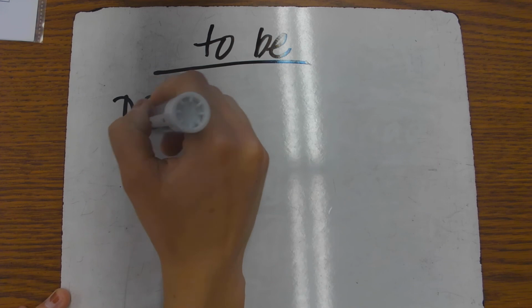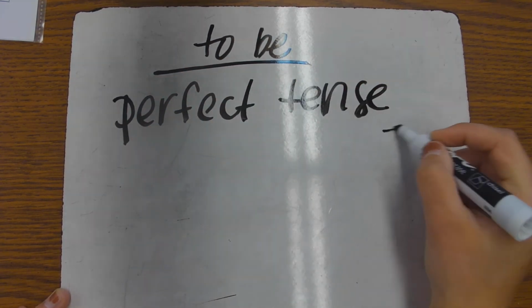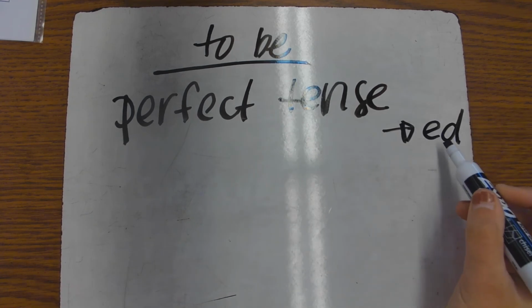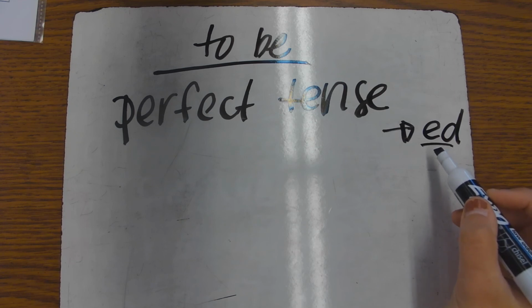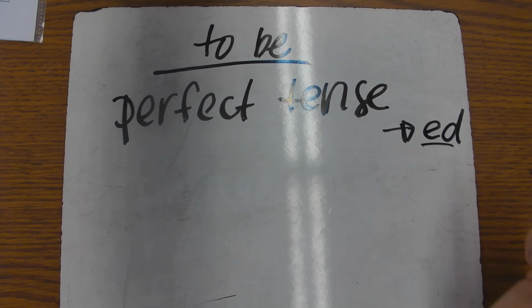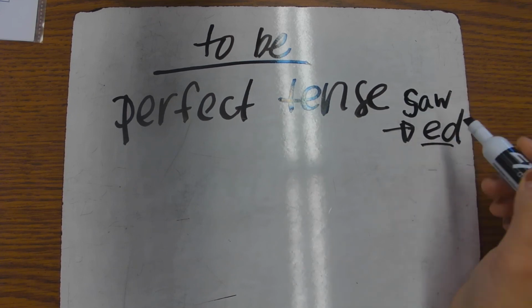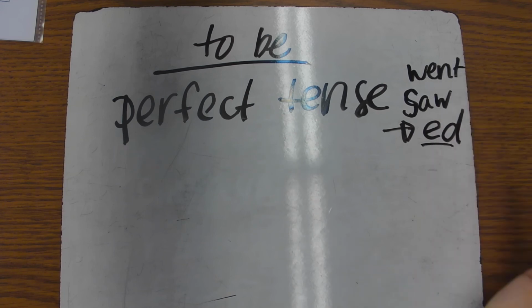Okay, so we have the perfect tense, which is like in English our past tense. So we have that ed ending. Walked, talked, heard, saw. Obviously there are some irregular verbs that don't have the ed ending, like saw, or the word go is went.